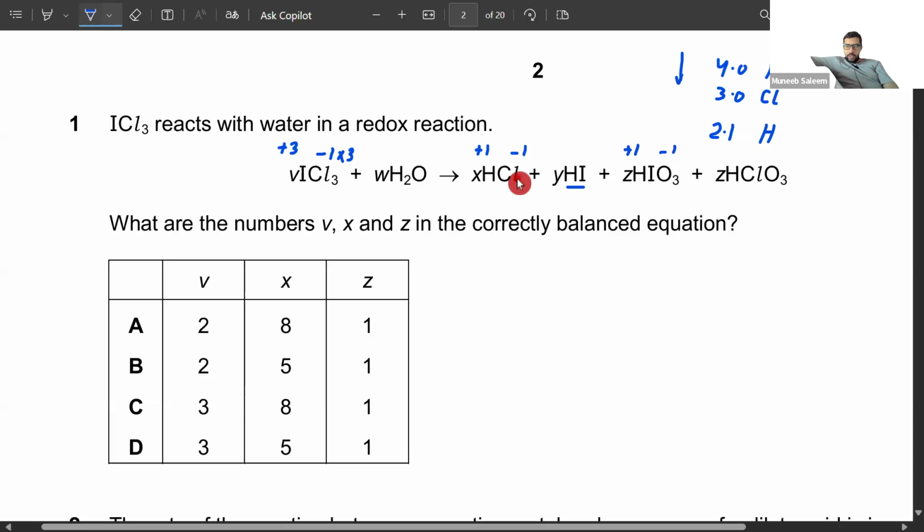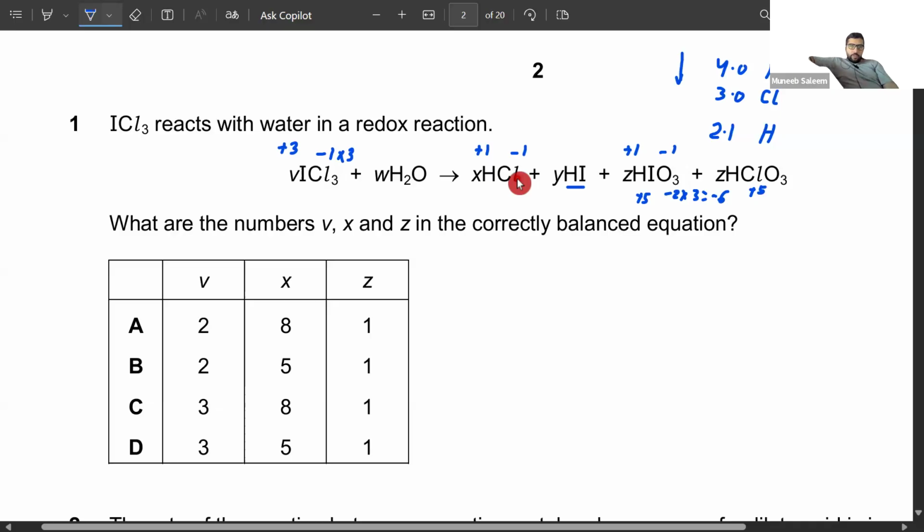That means the state on the oxygen will be -2 times 3 to give -6, and the iodine would have +5. Similarly, chlorine will have +5 over here. Because of this, we cannot balance this equation by using the oxidation numbers.